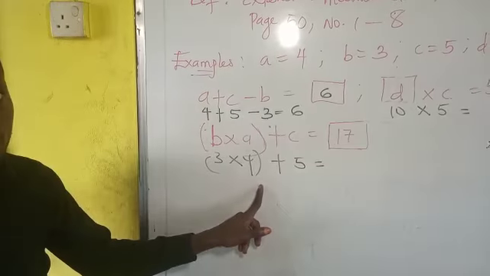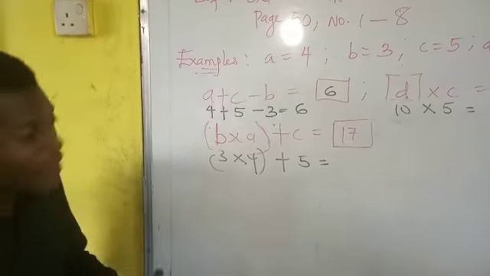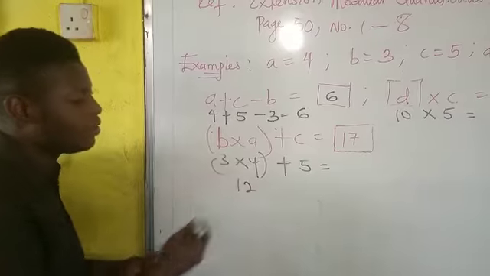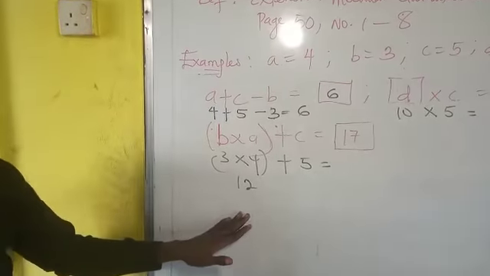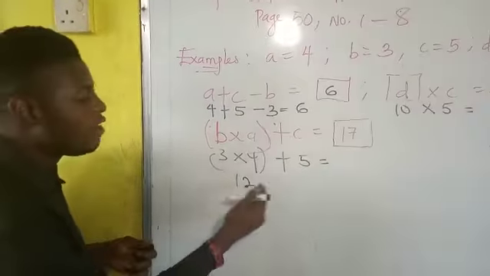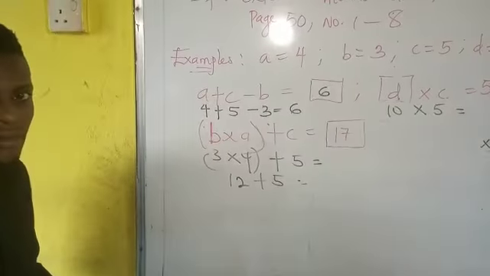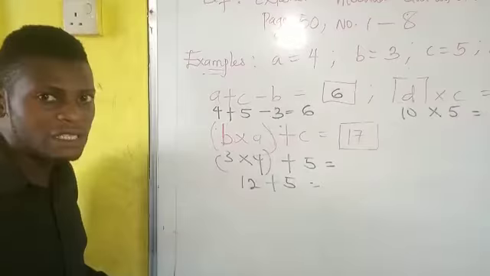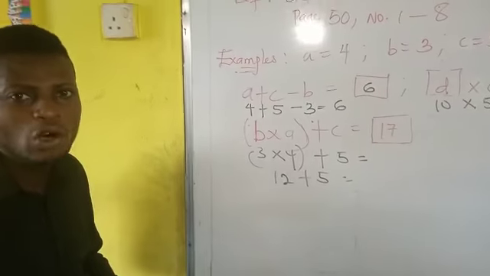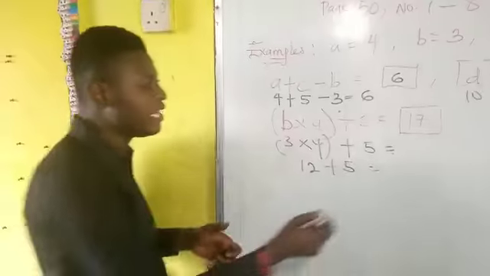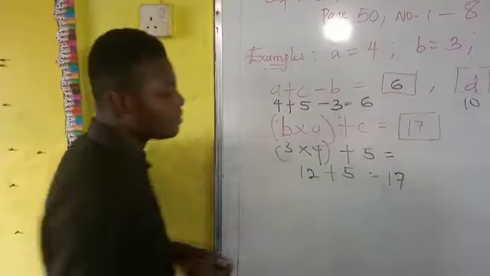Remember your multiplication table? 12. Fantastic. Very good of you, darling. 3 times 4 is 12. And then we have 12 plus 5. Now what is 12 plus 5? 17. Wow, you're so smart. Very good. Thank you, Mr. Sam. You're welcome. That's 17.